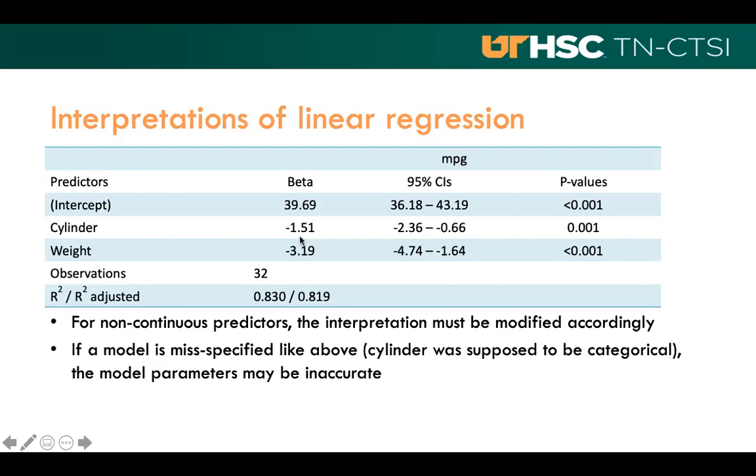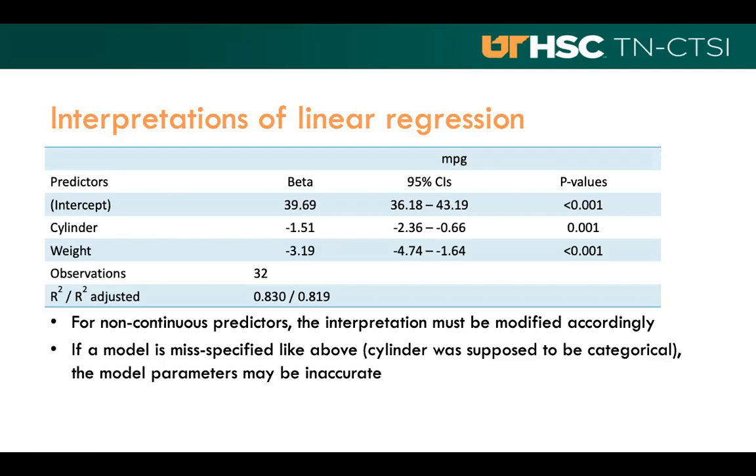So you have to make sure that you correctly specify the variables in your models. If there are categorical variables, you have to make sure that you specify them as factors in your models. Otherwise, you will get a beta coefficient that is different from the one when your models are correctly specified.